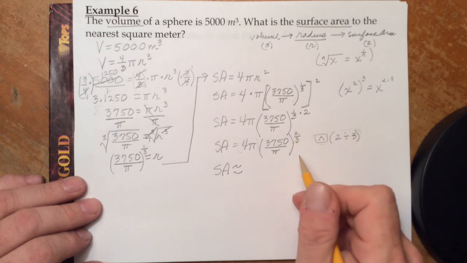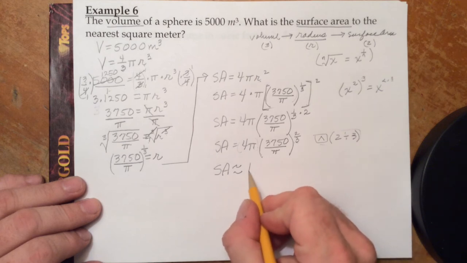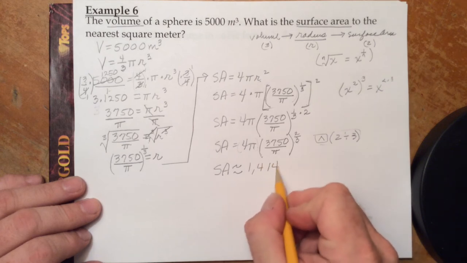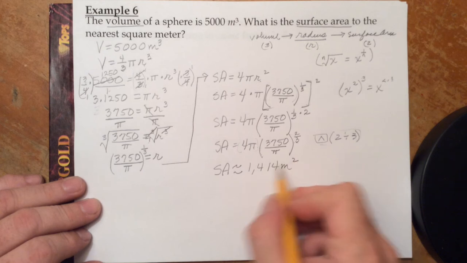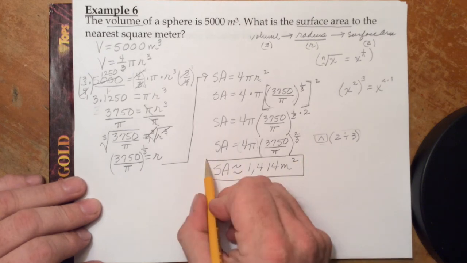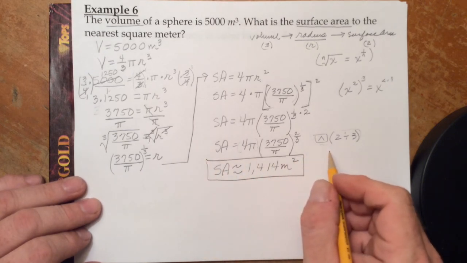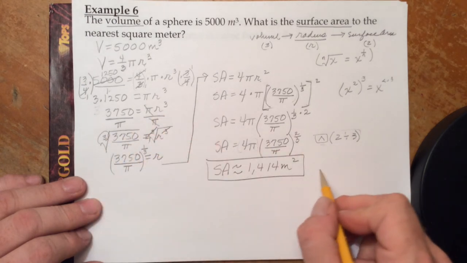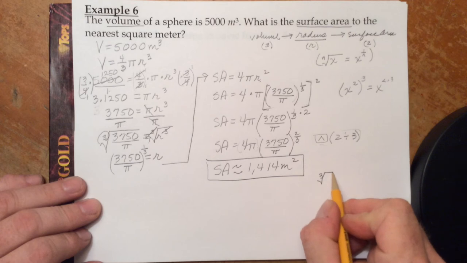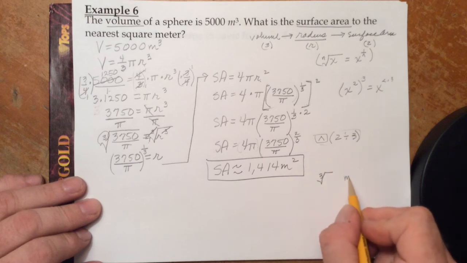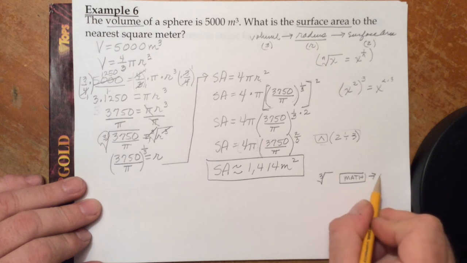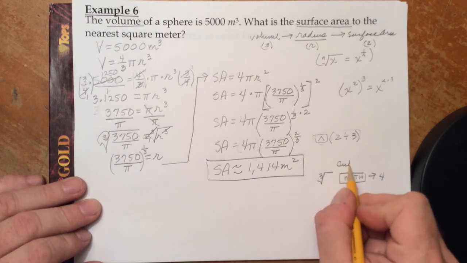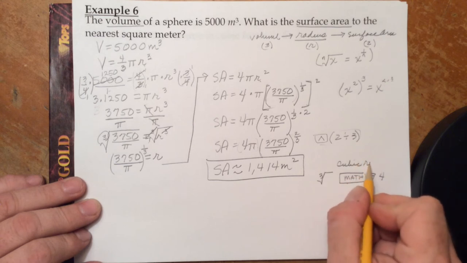Hit enter, and you should get about 1,414 square meters. Now, if you ever need to just find the cube root of something, like way back here, the command for the cube root in the TI-84 is the math key first, and then after that, hit 4. Math 4, cube root.